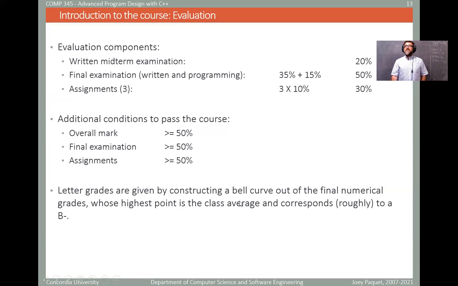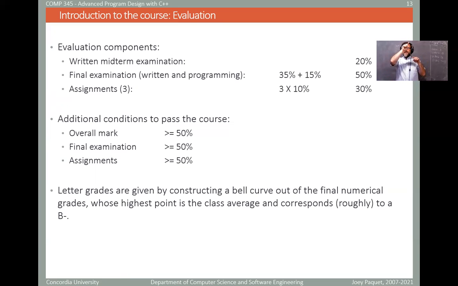So what I'm doing is computing all the numeric grades. That gives me some kind of distribution of the grades. And then I essentially construct a normal curve over the distribution of these grades. Invariably, what happens is that there is actually a bell curve like this.